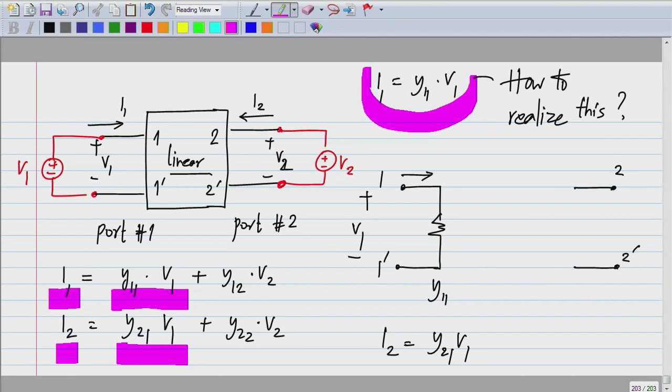Here it says that the current in 2 prime is proportional to the voltage across 1 prime. So what is an element that is going to realize this relationship?